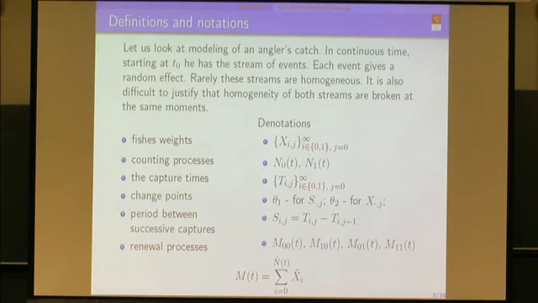I need some denotation, like here change for stream and change for weights, and here are the times between the events. So in fact I can build four renewal processes, and if I take into account the resulting point process and resulting catching weights of fishes, I get the following process.